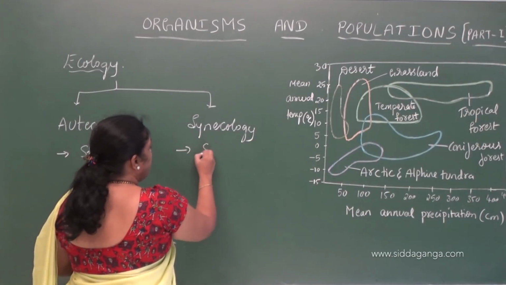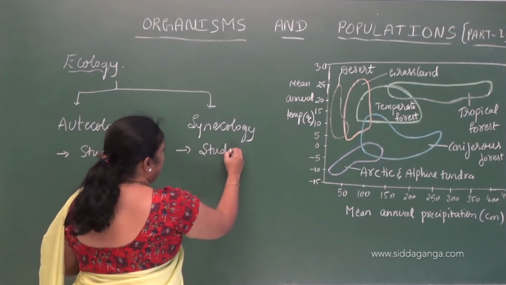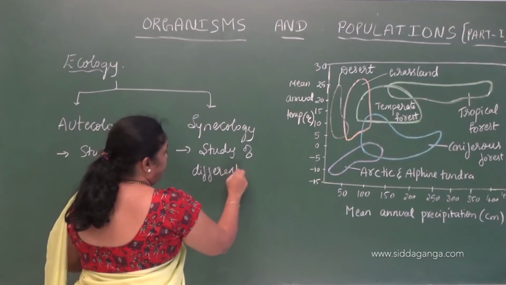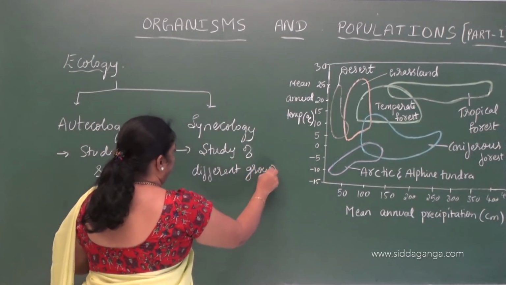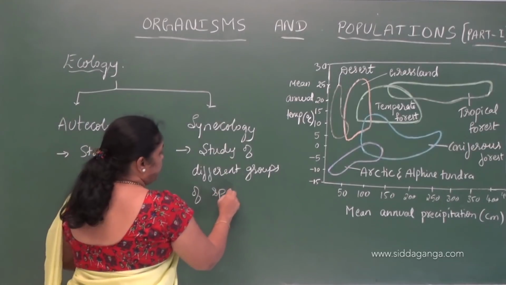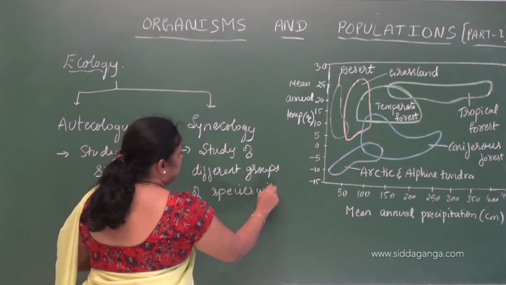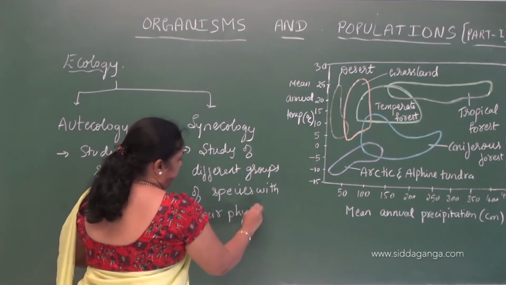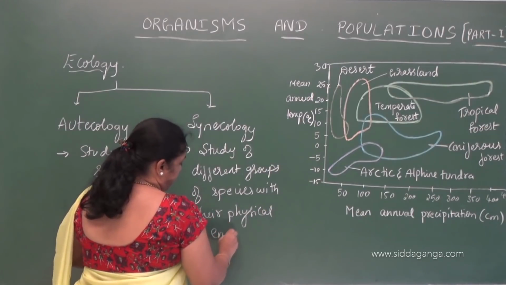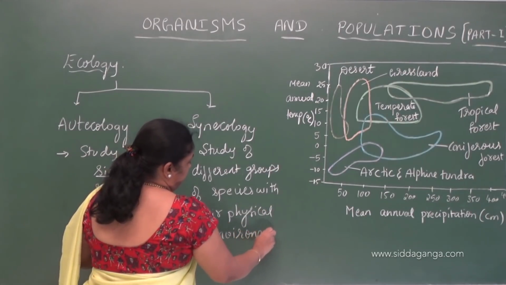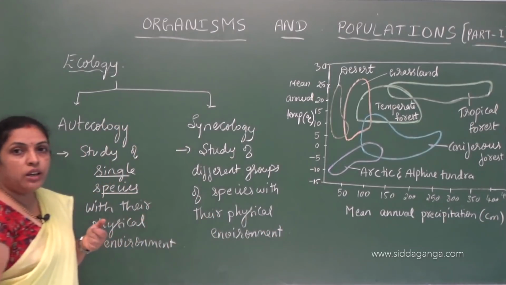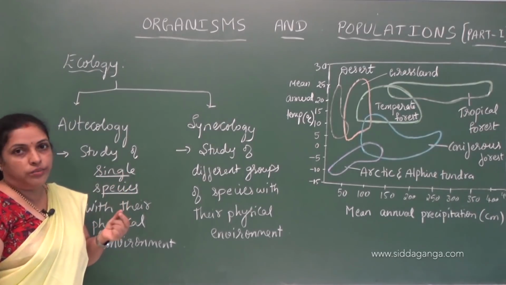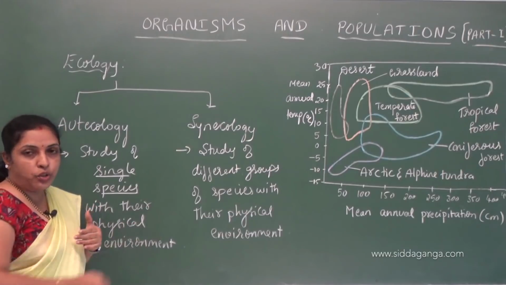Synecology is also a branch of ecology where we study different groups of species with their physical environment. Suppose we study only mango trees, different types of mango trees.